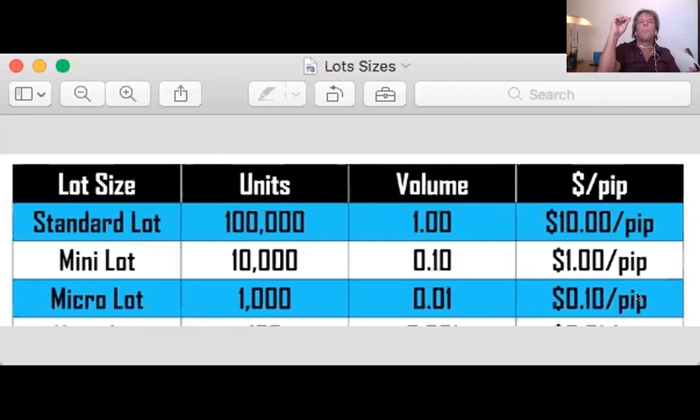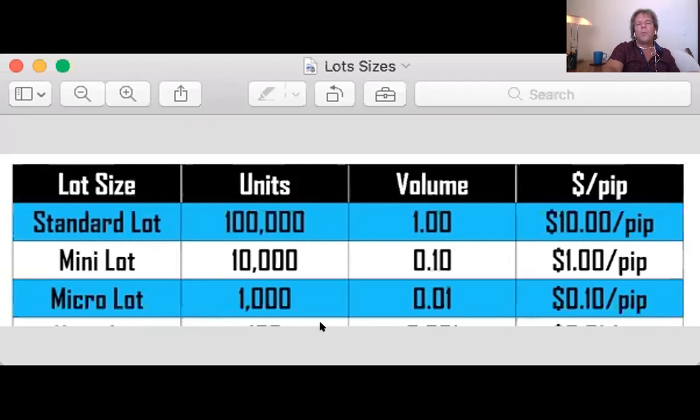If you set your stop loss at 10 pips, the most you're going to lose from that trade is $1. So if you want to risk 10% of your account at any one time, you could have 10 trades open, each at a stop loss of 10, for example, at 0.01 lot size and 10 cents a pip move.